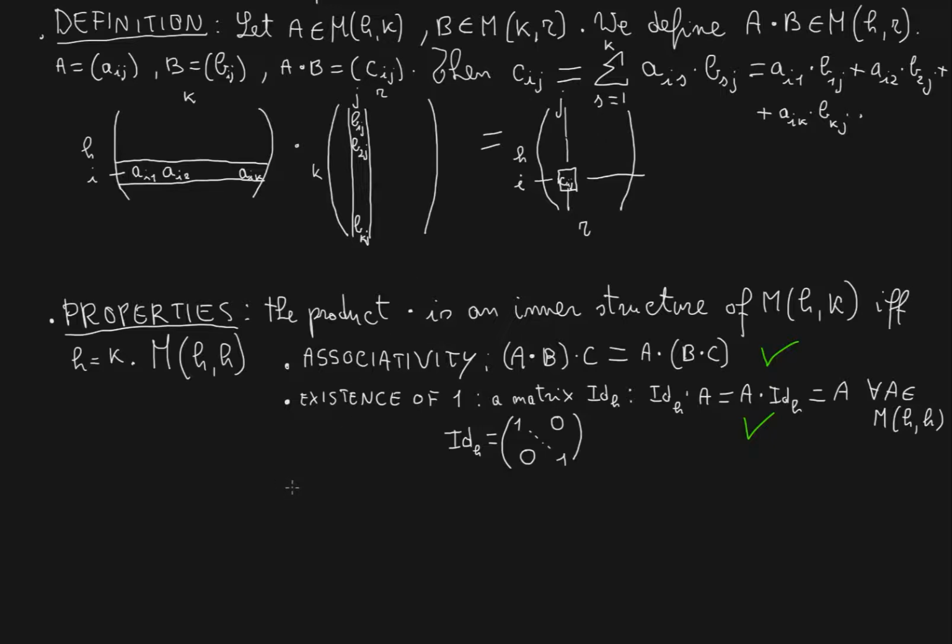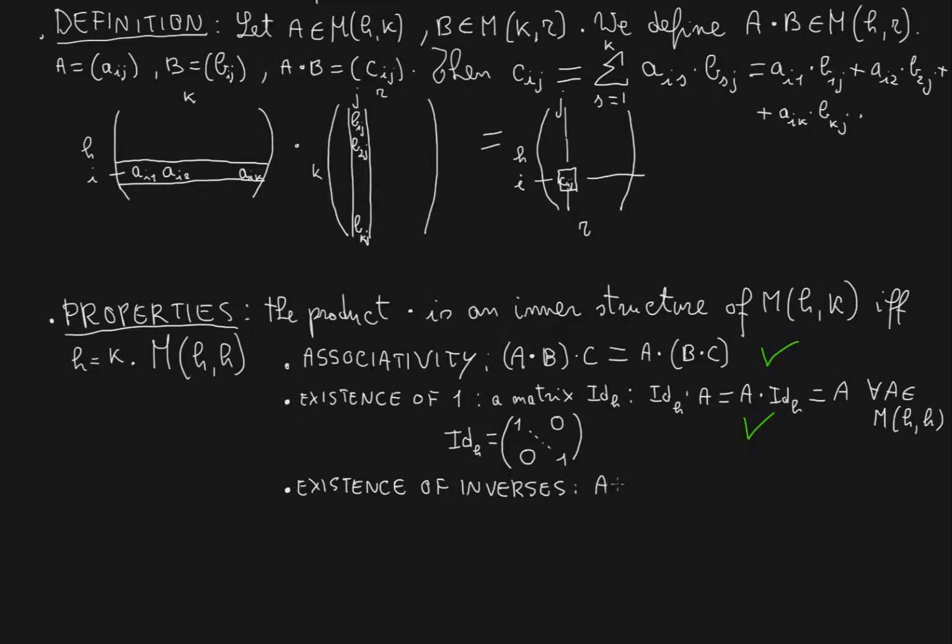So we are almost convinced that it is a group with respect to multiplication, but we still have to verify the last property, which is the existence of inverses. So what is an inverse?